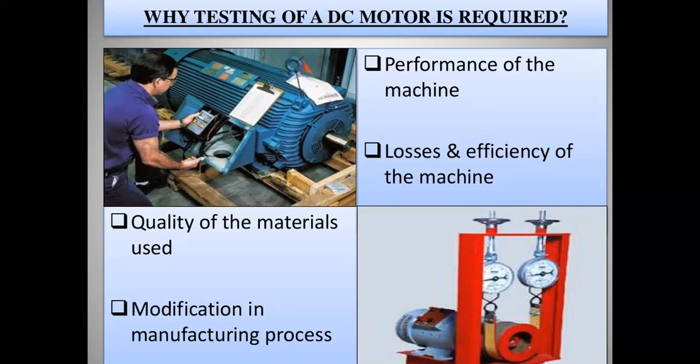Later, the quality of the materials used: by testing the machine, whether the materials withstand the heat and all other conditions or not can be found during the testing only. And the last one: are any modifications required in the manufacturing process?